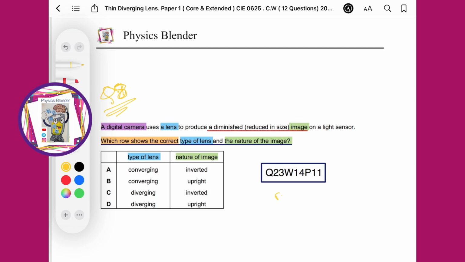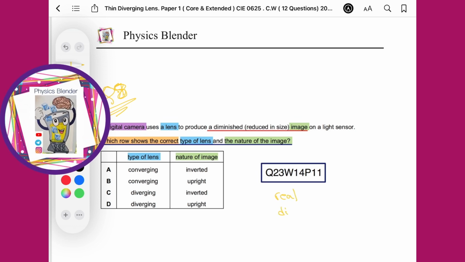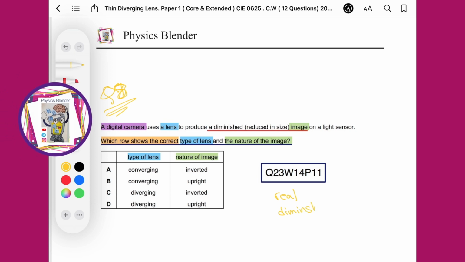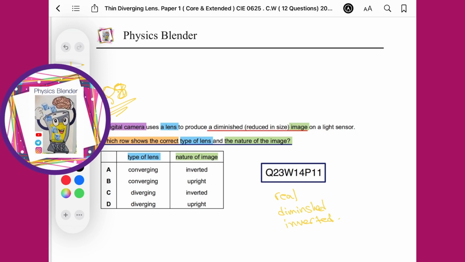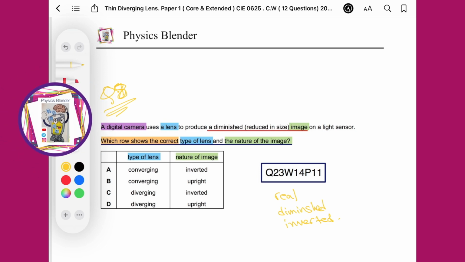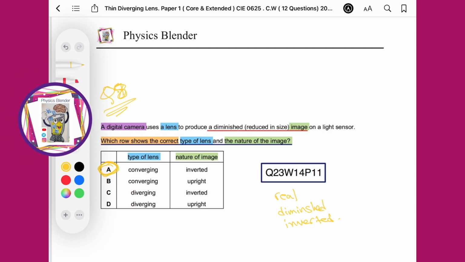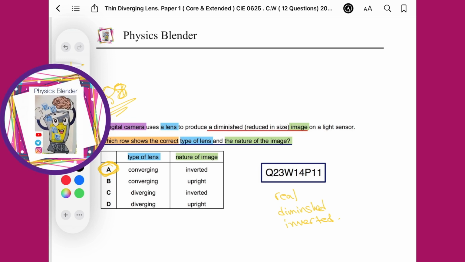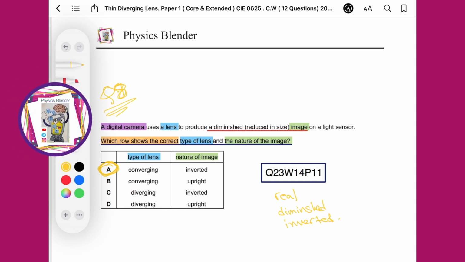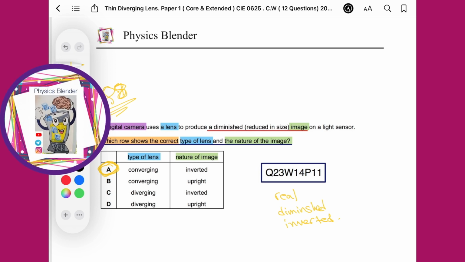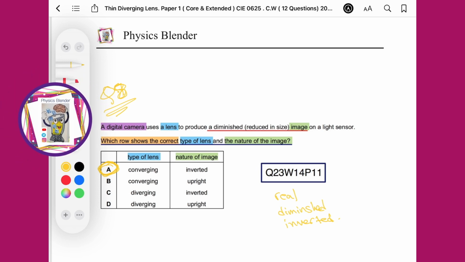So it's real, diminished, and inverted. So for sure we are using a converging lens to obtain the properties I mentioned here. The image should be real, inverted, and diminished, so you have to use a converging lens.